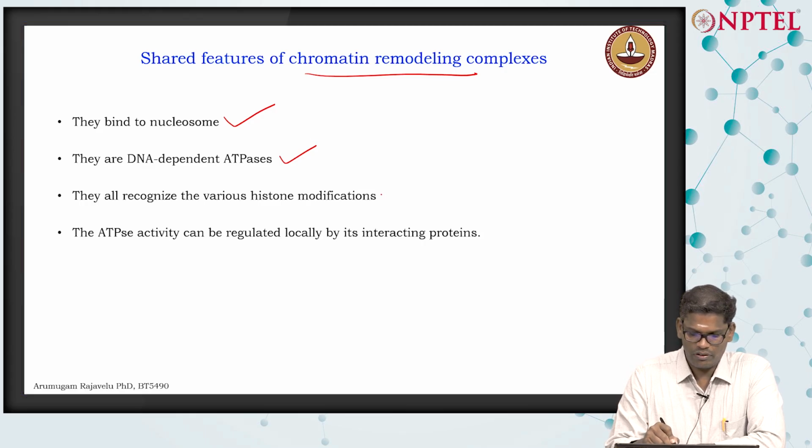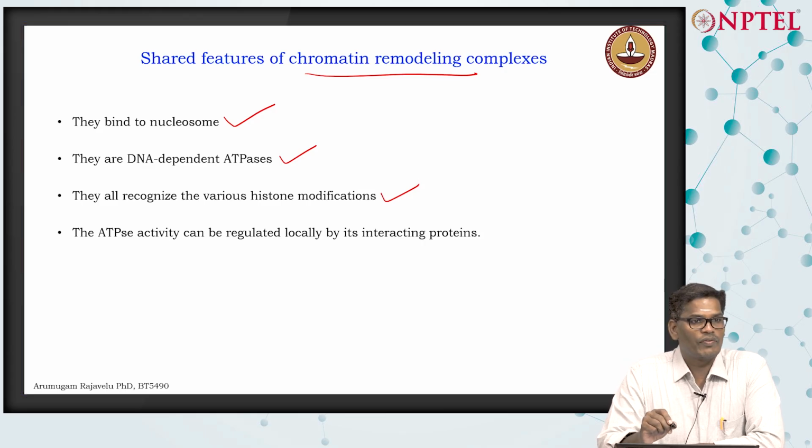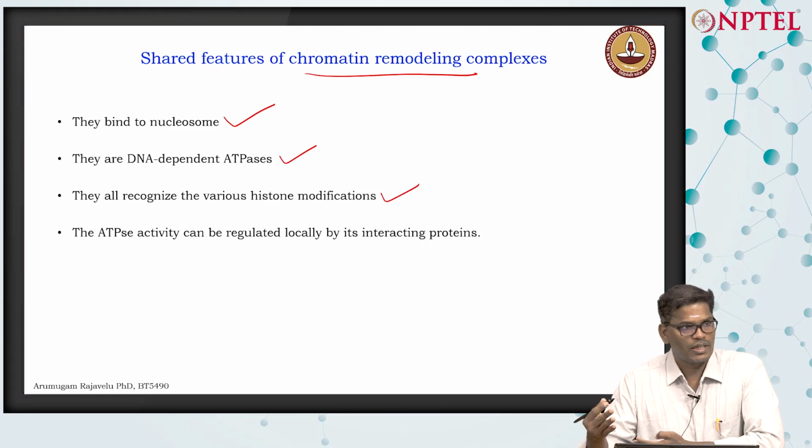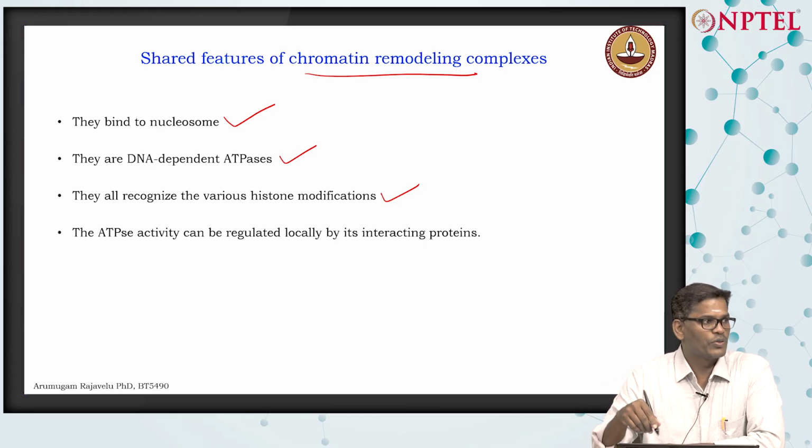Of course, as I said, all recognize various histone modifications. The histone modifications on the tail are an important docking site, which we will see in upcoming classes, and how they contribute to gene expression. I am going to explain gene expression activation, but underlying that you should also keep in mind either relaxation of heterochromatin or compaction of euchromatin to heterochromatin. The modification also contributes by recruiting various chromatin remodeling complexes.